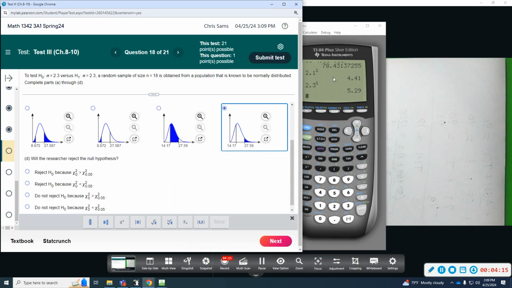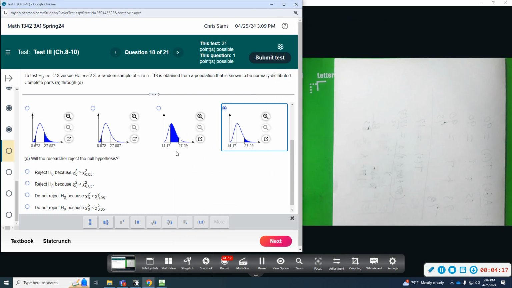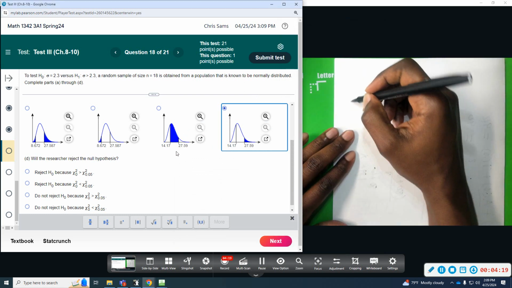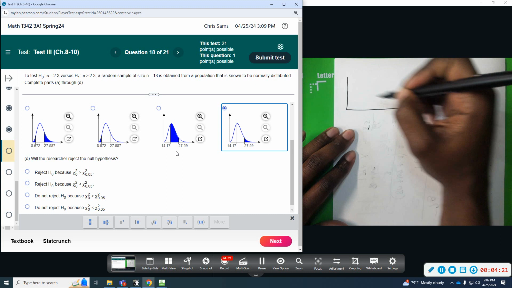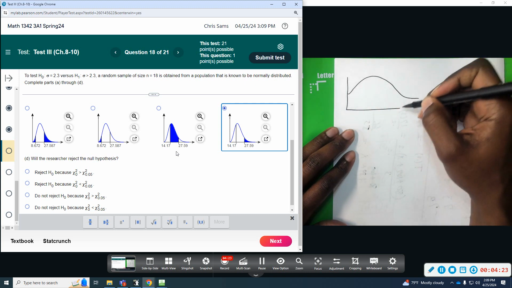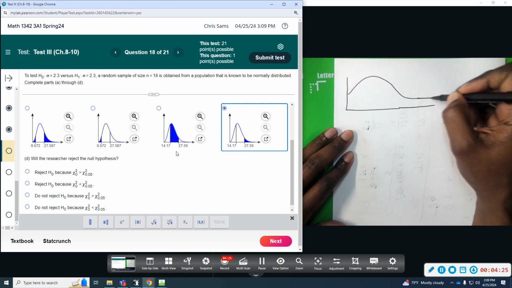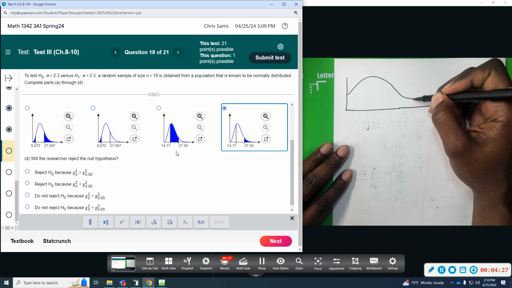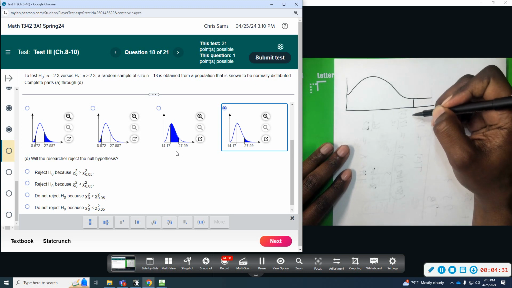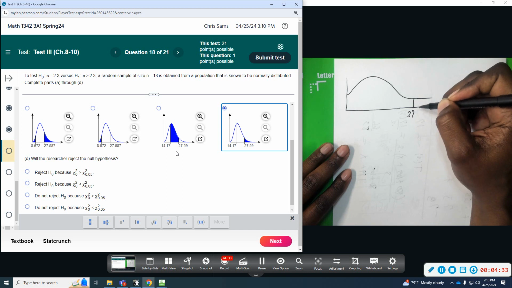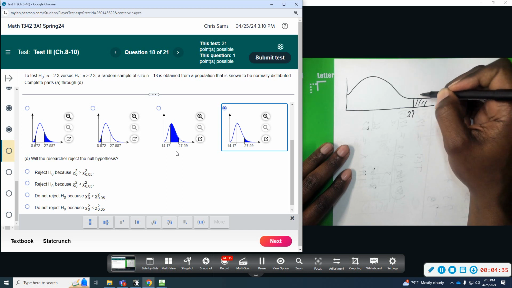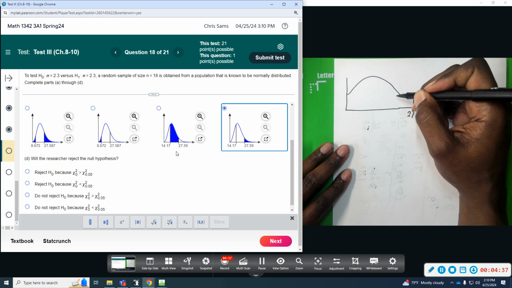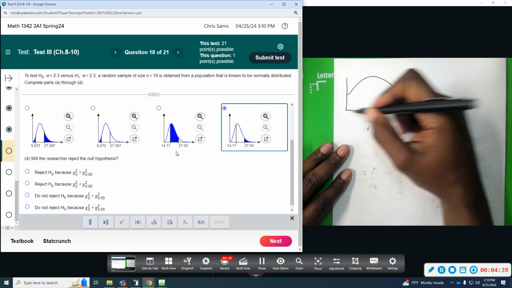Okay, so let's draw this out, so we make sure we're seeing everything. If we're dealing with this chi-square test, right tail, our critical value is way over here, 27, that's giving me 0.05. Our number is way smaller; going left to right, it gets bigger.